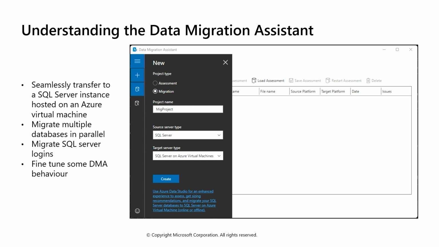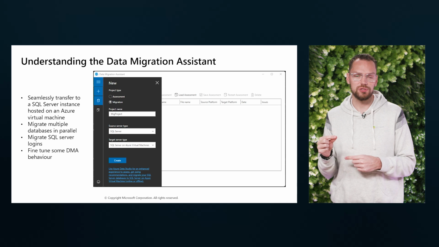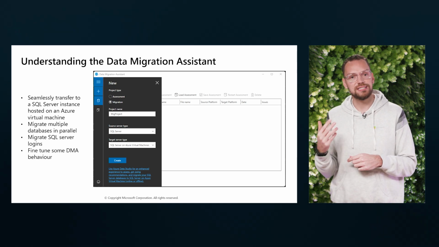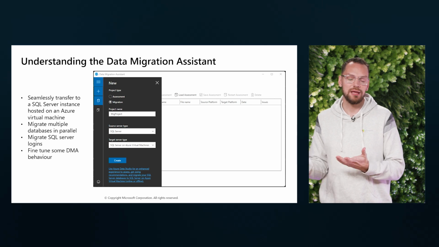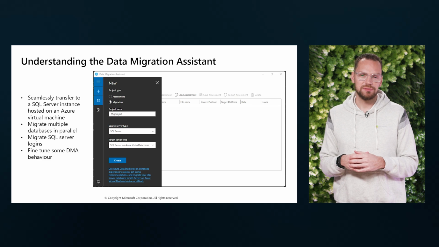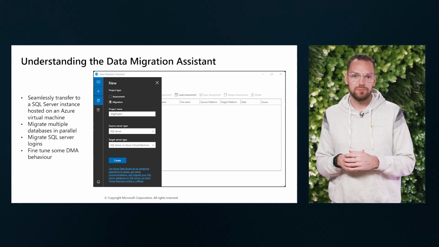Additionally, the DMA supports the migration of SQL Server logins, ensuring that user access is maintained post-migration. It is also important to note that the DMA offers options to fine-tune the behavior, allowing for customization based on specific project needs. This flexibility can help address unique challenges that may arise during the migration process.